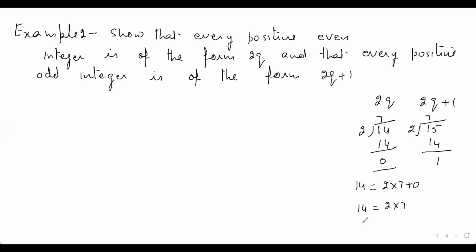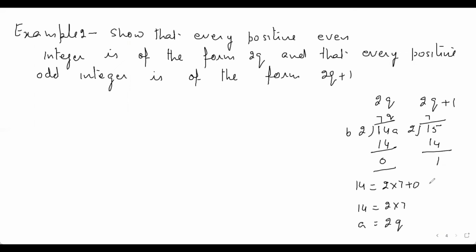Here 14 is A, B here is 2 and 7 here is the quotient Q. So A is equal to 2Q. So an even number is of this form.